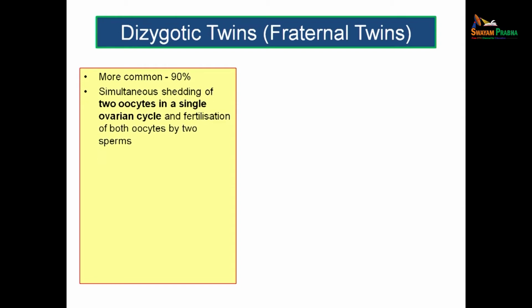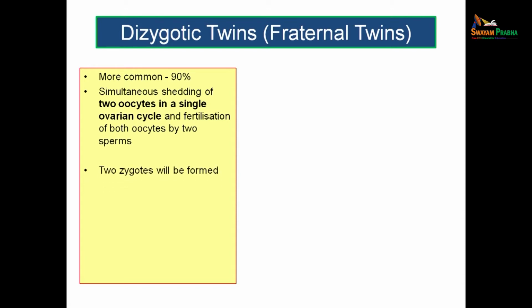This happens when there is simultaneous shedding of 2 oocytes in a single ovarian cycle, and they are fertilized by 2 different sperms. That is, in an ovulatory cycle, usually there is only release of 1 ovum, but in this case there will be 2 oocytes released in a single ovarian cycle, and these 2 oocytes will be fertilized by 2 different sperms.